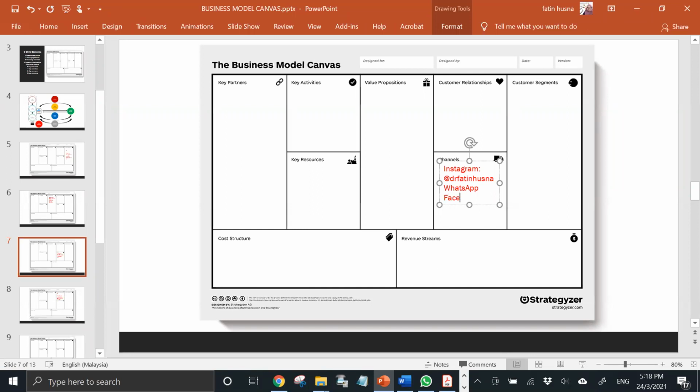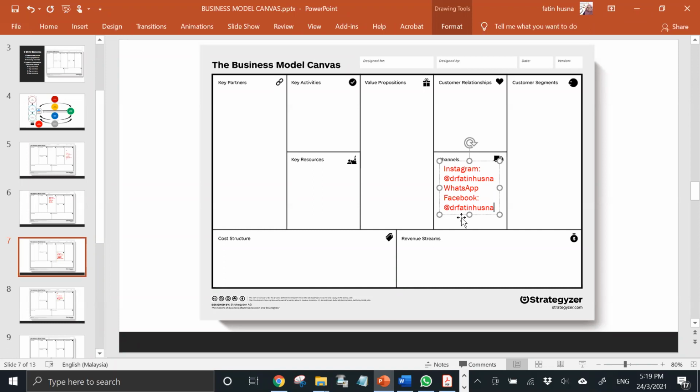So Facebook, if you have Facebook, okay, basically when you want to sell something, you use Facebook page. Add something. Okay, add Dr. Fatin, for example. If you are using personal Facebook, you put a name lah. You put your name, or maybe e-commerce. You put the store name on the e-commerce. If you are using Shopee, the store name in the Shopee, or maybe you are using Foodpanda or Grab.